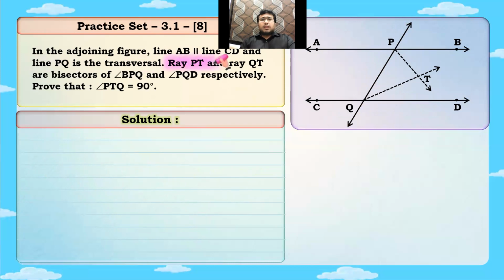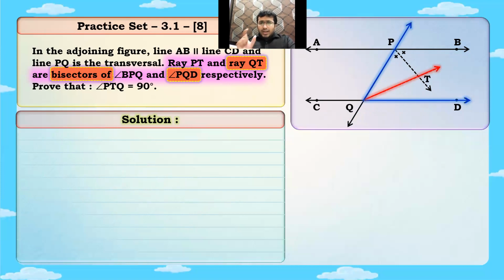Ray PT and ray QT. Students, what do we know about ray PT and ray QT? PT is an angle bisector of angle BPQ. So student, what will PT do? It will divide angle BPQ into 2 equal parts. Same way students, QT is also an angle bisector of angle PQD.